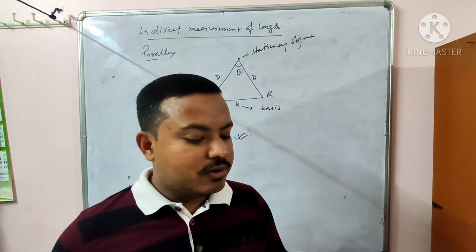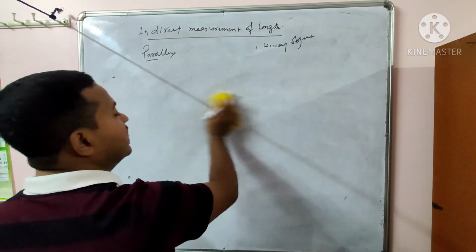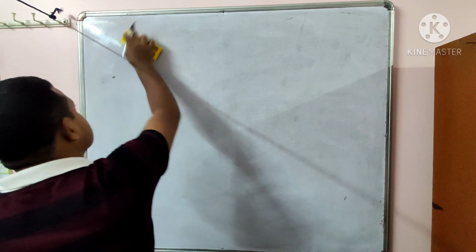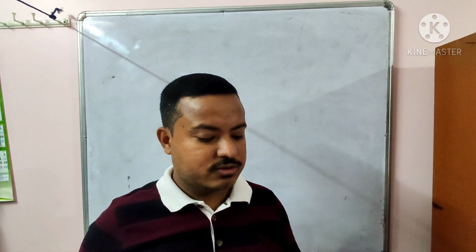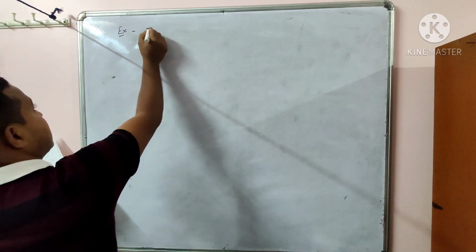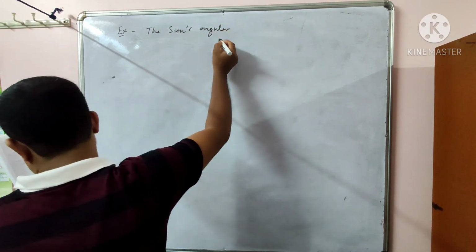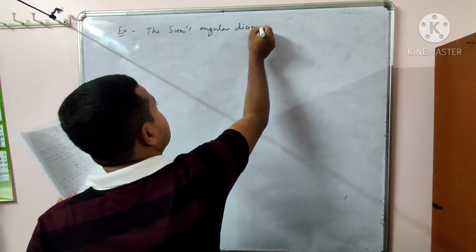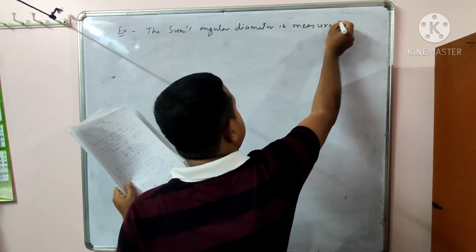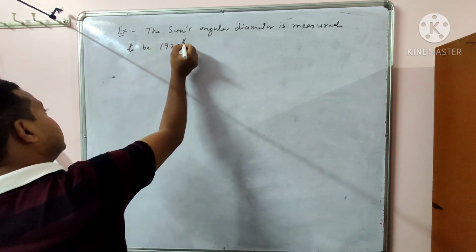Okay, so now let me solve one numerical connecting this formula, so that it will be easy for you to see how to use the formula in order to solve numericals. Let me give you one example. The sun's angular diameter is measured to be 1920 seconds.